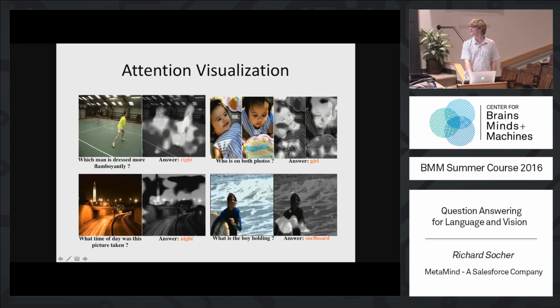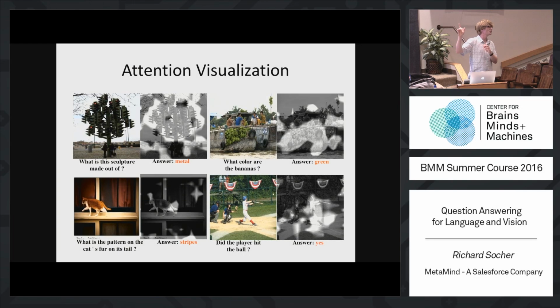So what is the boy holding? And indeed it pays attention to the arm and to this arm, and then answers surfboard, which is pretty cool. At some point you worry that maybe all it learned was language patterns, and it just randomly put attention towards some things that semi-made sense.